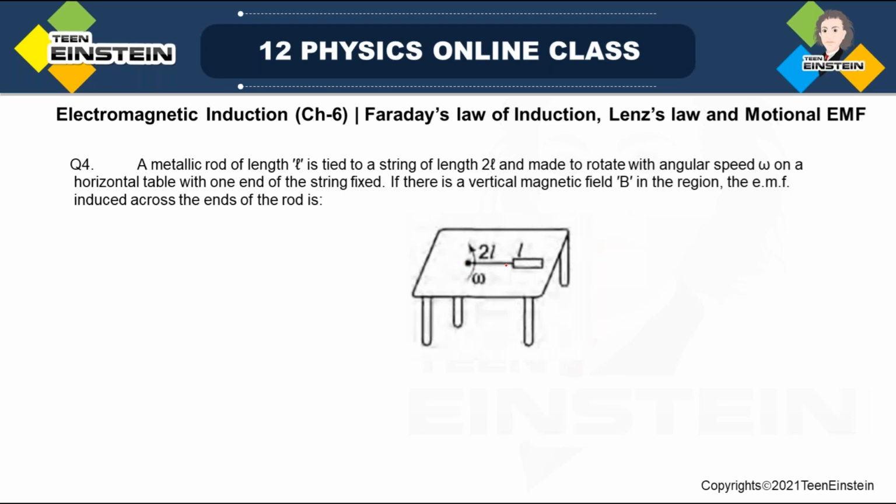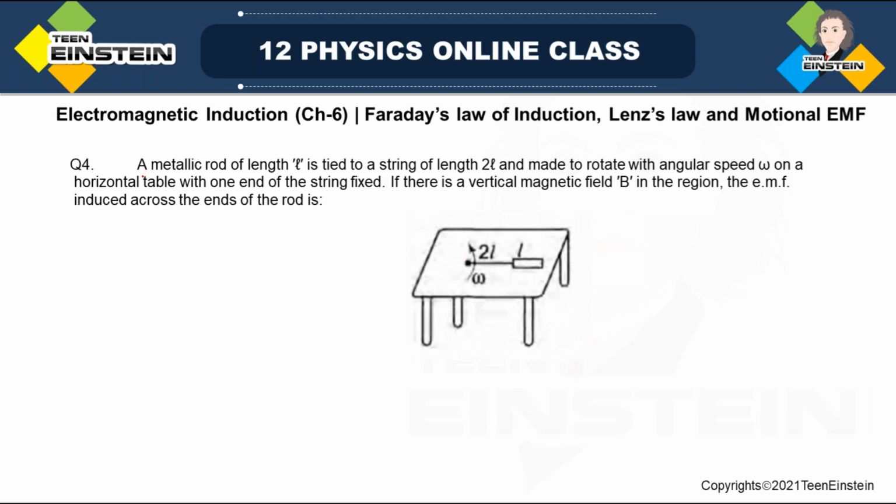This string is insulating in nature, and there will be no induced EMF or current in this string. Whatever there will be is due to the rod itself. Flux will be linked with this rod itself. The string is 2L in length, and this metallic rod is of length L.